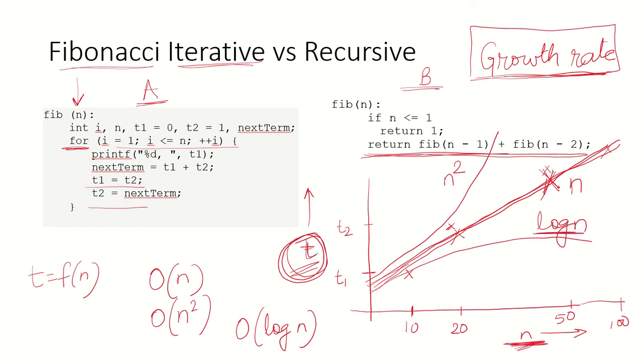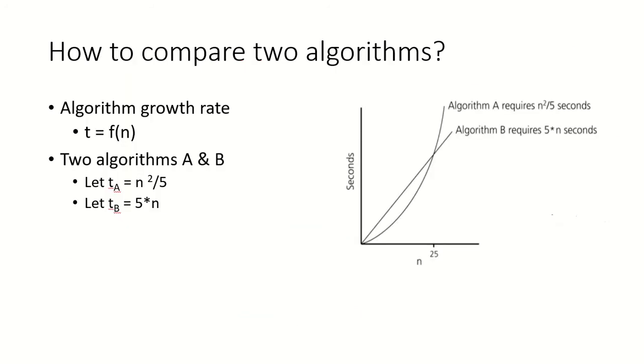Obviously, log n would be the best bet, because though n is increasing, the time taken is not increasing much. So we can say an algorithm with a growth rate of log n is better than an algorithm with a growth rate of n, and an algorithm with a growth rate of n is better than an algorithm with a growth rate of n square. So this is how we can compare two algorithms.